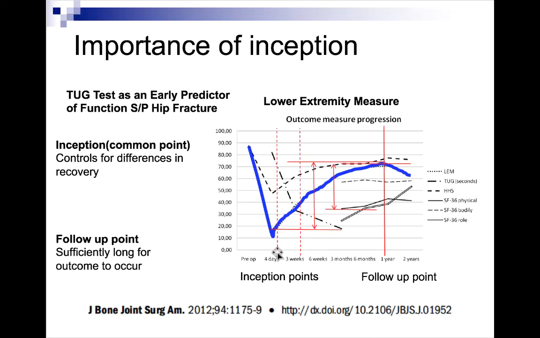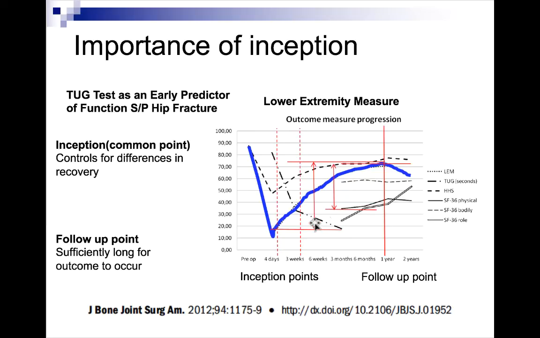This particular study started all of the data within 4 days. And so the increment from 4 days to 1 year is represented by this arrow and is approximately 20 to 75, so 55 points.